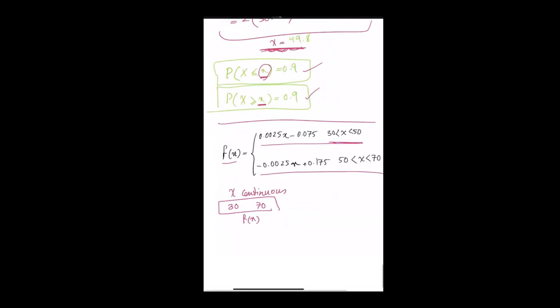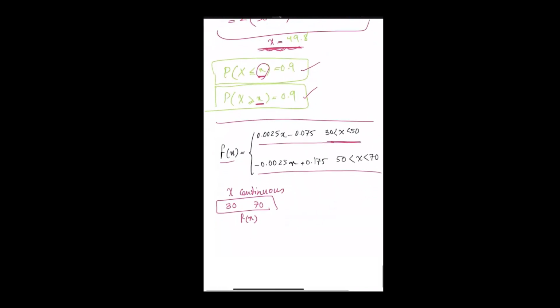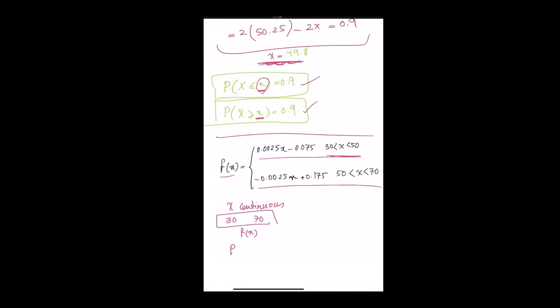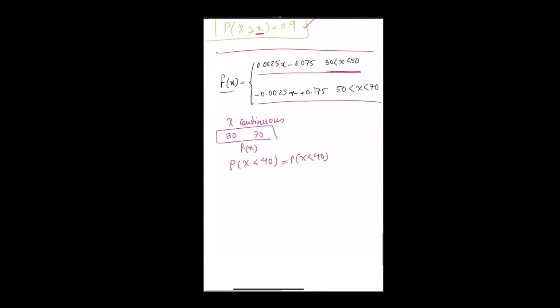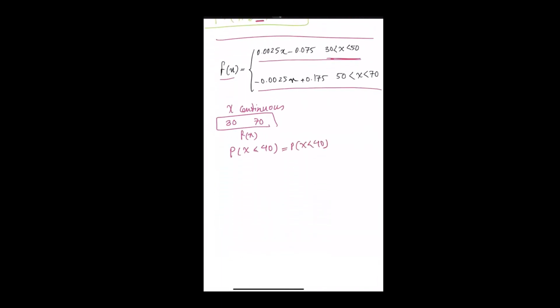Okay, what we want to calculate is the probability of x less than or equal to 40, which we know is also equal to the probability of x less than 40. I just want to mention this so that you get used to it. x equals 40 is in the first range.